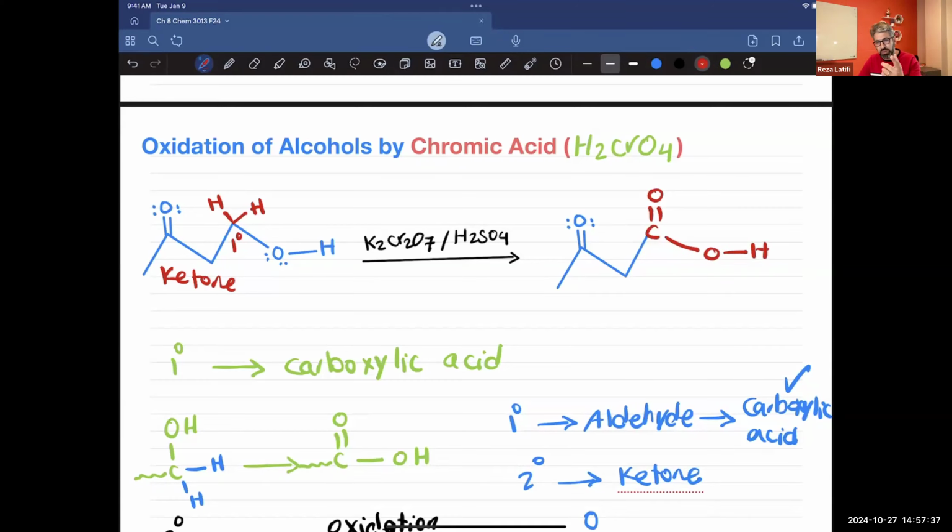As you see, we have a double bond with oxygen and also OH attached to that carbon, and this is technically the COOH group.